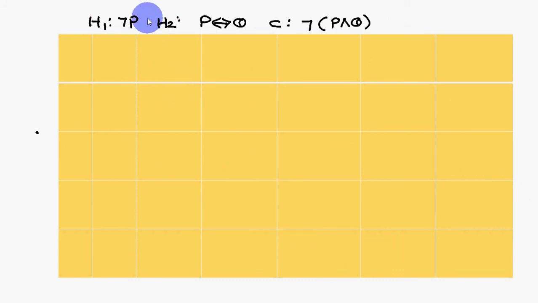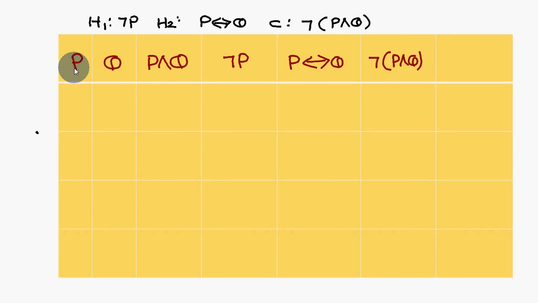Next, negation P is the first premise, the second premise is P biconditional Q, and the conclusion is negation of P and Q. Whether it is a valid argument or not. First P, Q. Next, we require P and Q, therefore the P and Q columns I have framed.